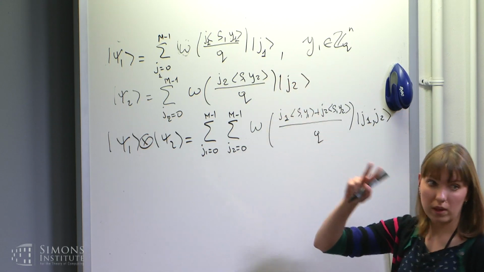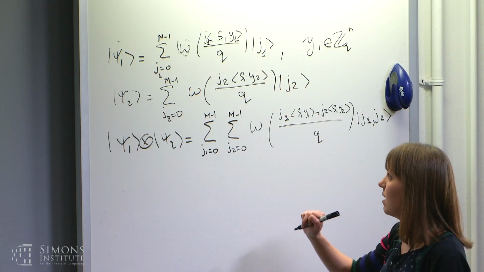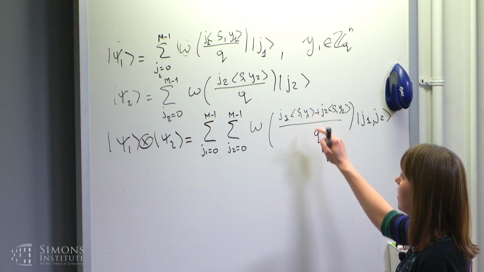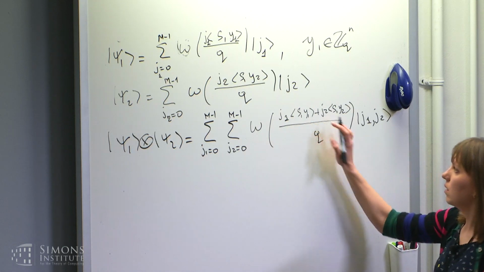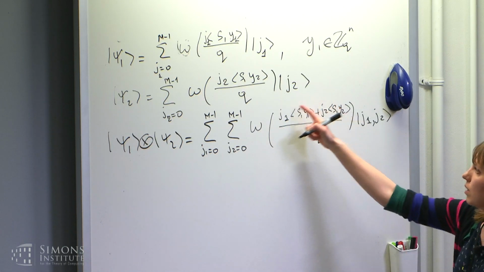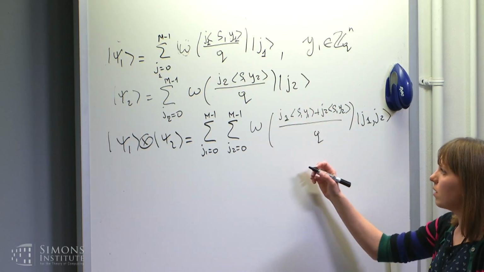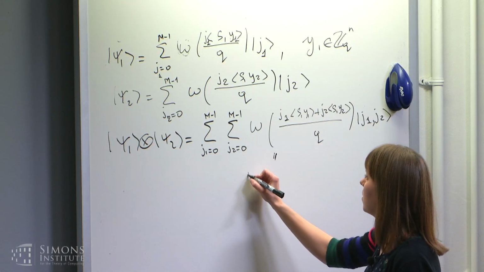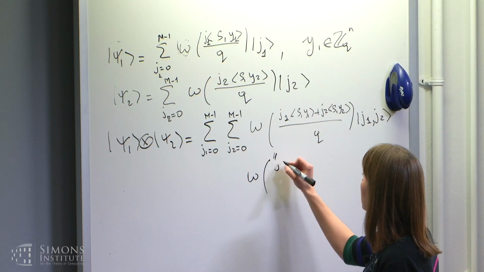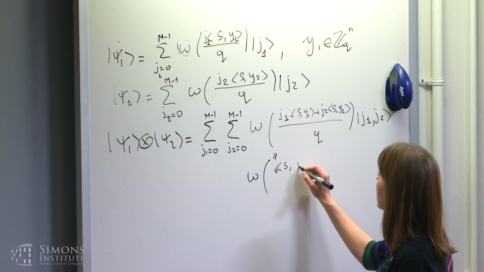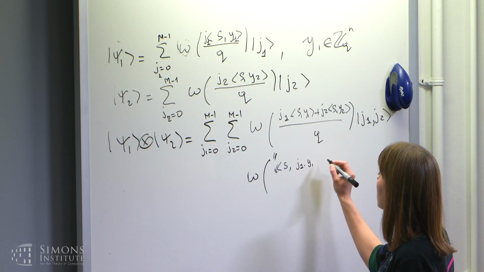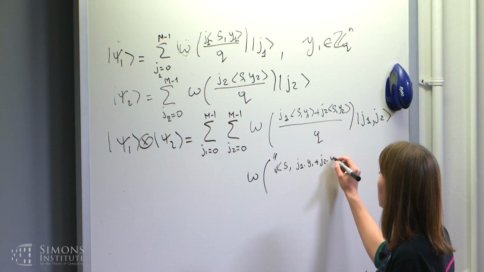If we have 1 qubit, we have 2 qubits. Let me rewrite this fraction, this value would be omega of the inner product between S and j1 times y1 plus j2 times y2.